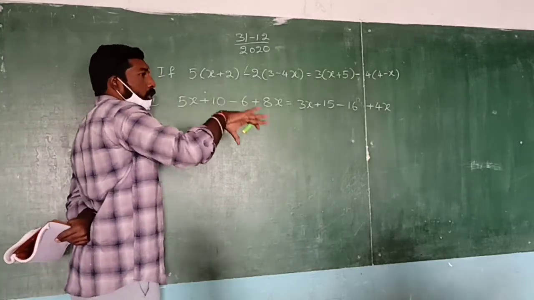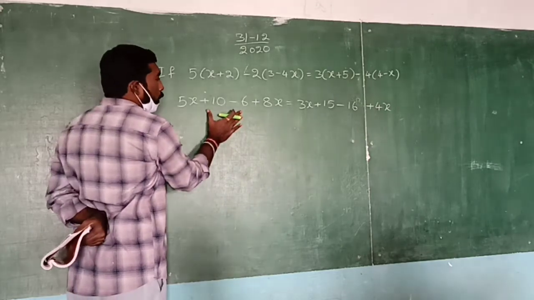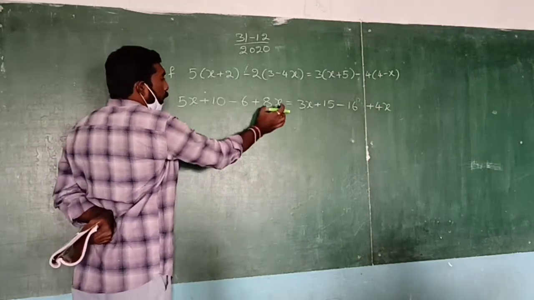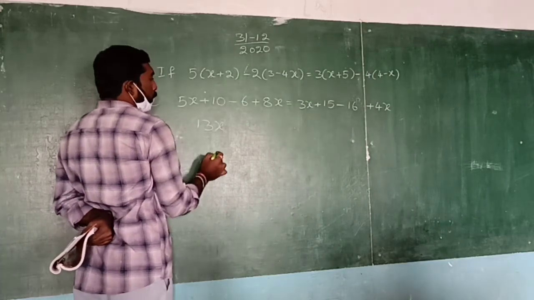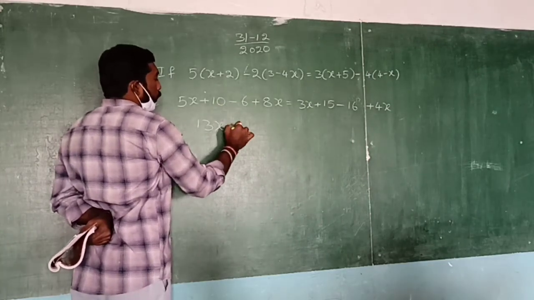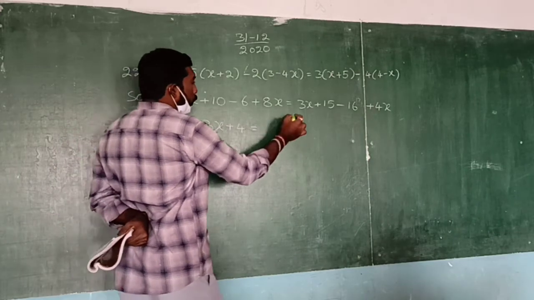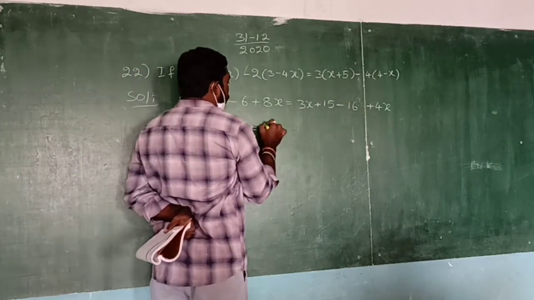Before solving the variables and constants, we simplify the values on each side. 5x plus 8x is 13x. Next 10 minus 6 is 4, is equal to 3x plus 4x is 7x.